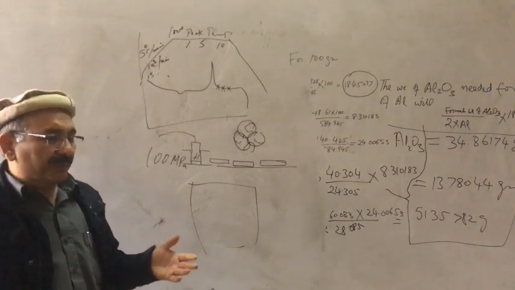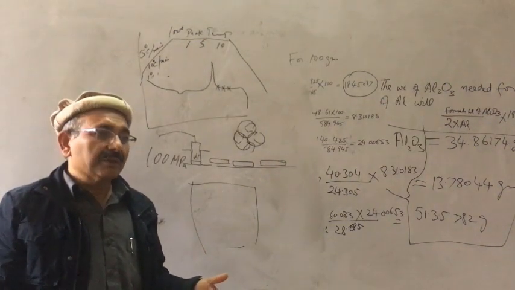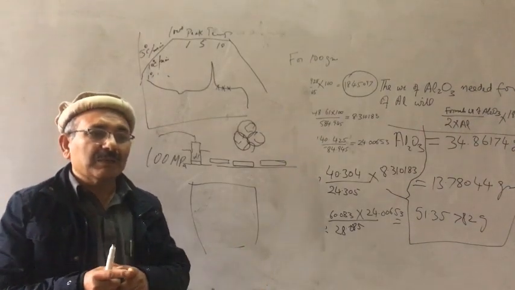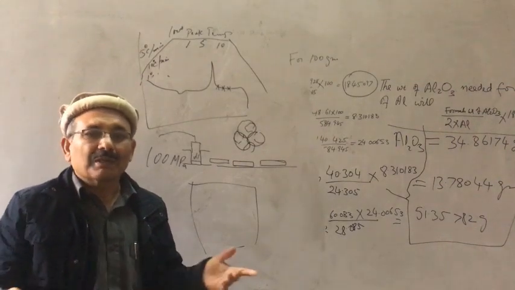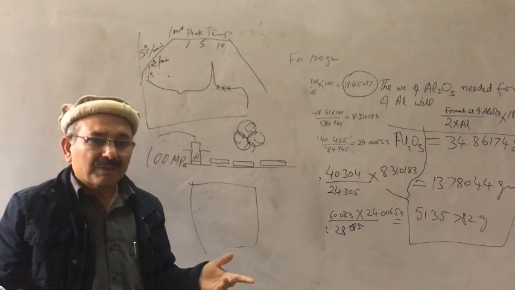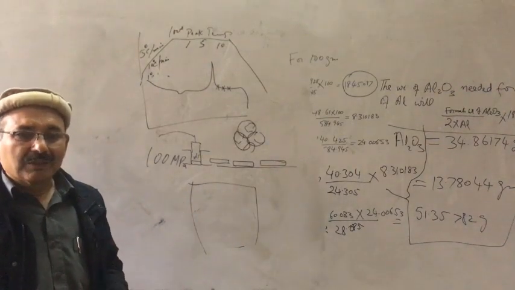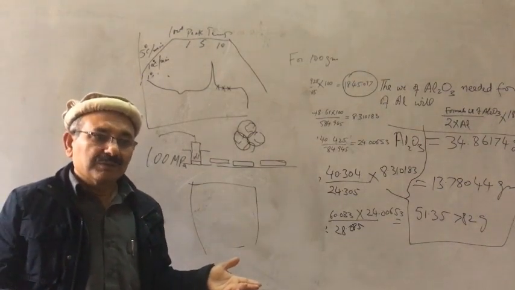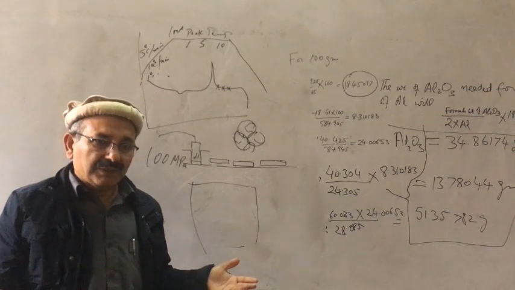I have given you an example that if you have a conducting wire which is 100 miles long, but there is a small piece of 1 millimeter which is non-conducting, your conductor will not work, right? The same thing is here. You are making a material which has, for example, 5000 as the value of the dielectric constant, right?